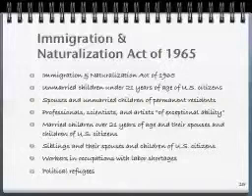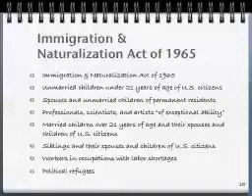This policy, however, had the unintended consequence of really opening the doors for migration for Latinos and Asians. So what really created that change were the provisions that were opened up that allowed people to migrate to the United States, which I've listed.